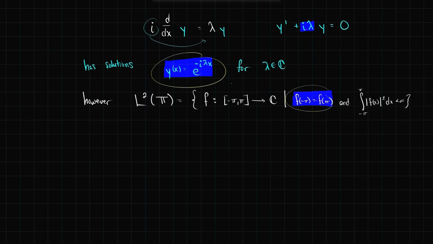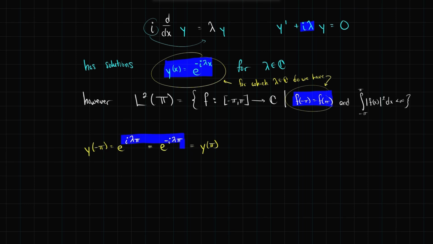So for which lambda in the complex numbers do we have that y at negative pi is equal to y at pi? Let's just find out. y at negative pi will be e to the i lambda pi, because the negative signs cancel. And I want that to be equal to y at positive pi, which is e to the negative i lambda pi.